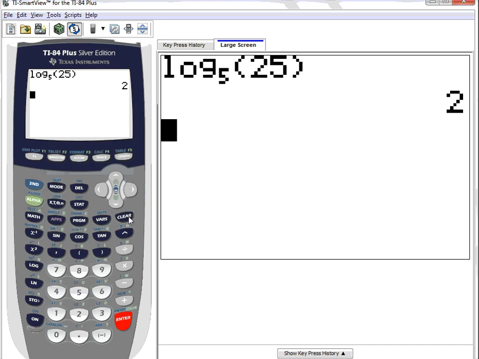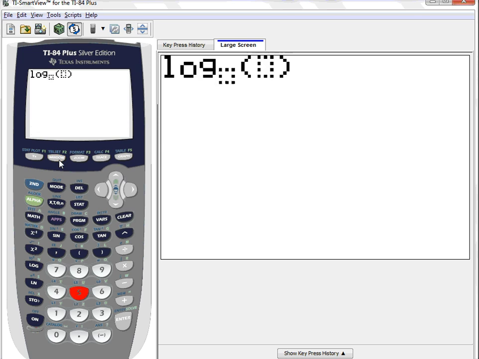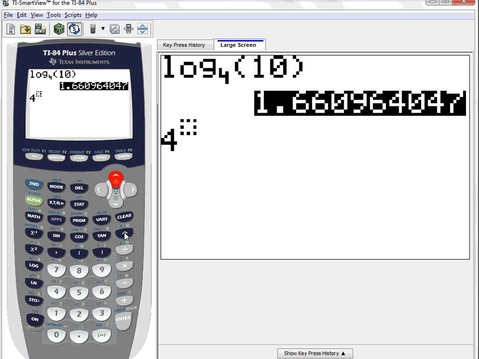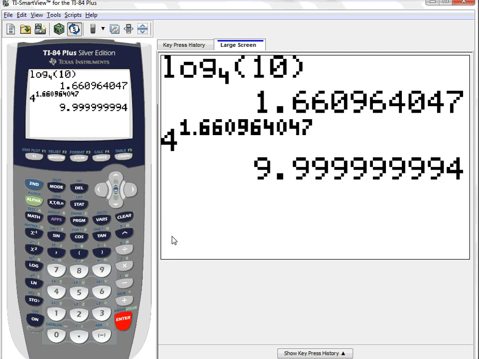We'll go log base 4 of 10. There's our answer. Now to confirm that, let's raise 4 to the exponent of that number. Cursor up and paste it. And sure enough, it comes out really, really close to 10.